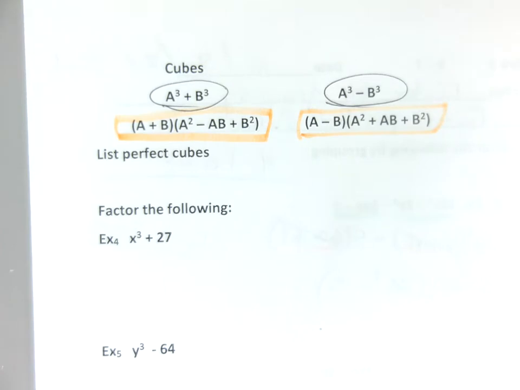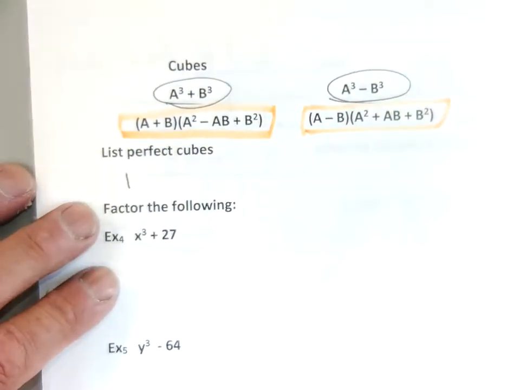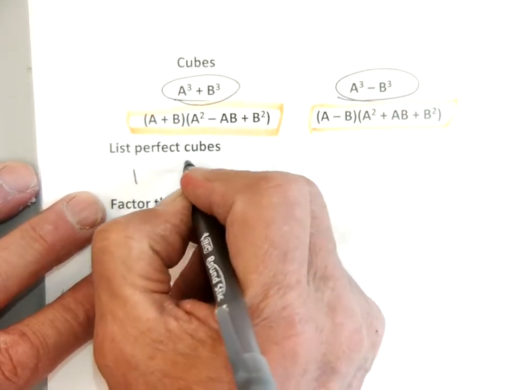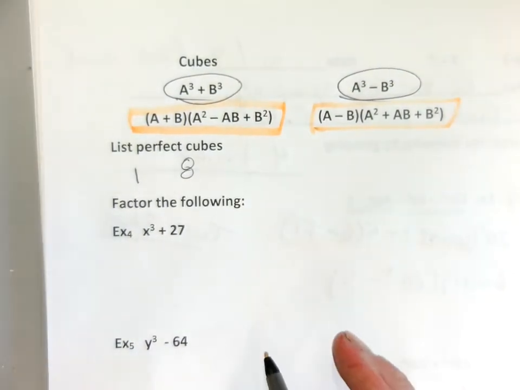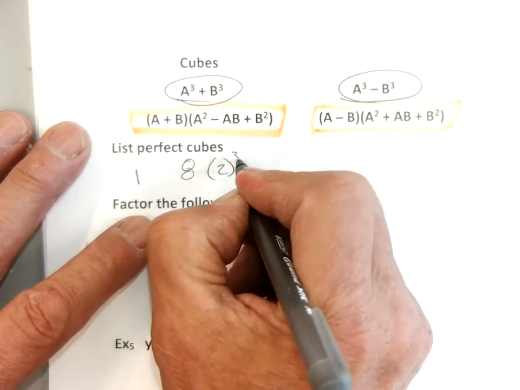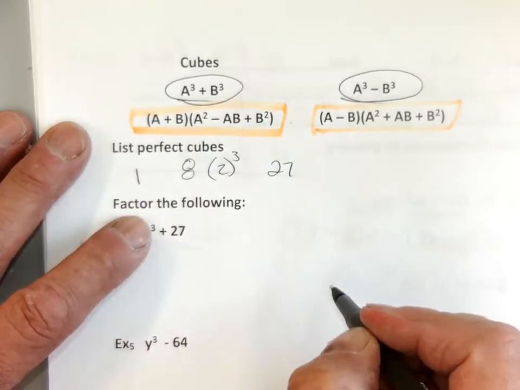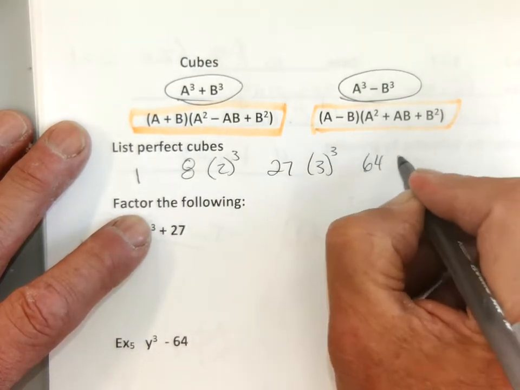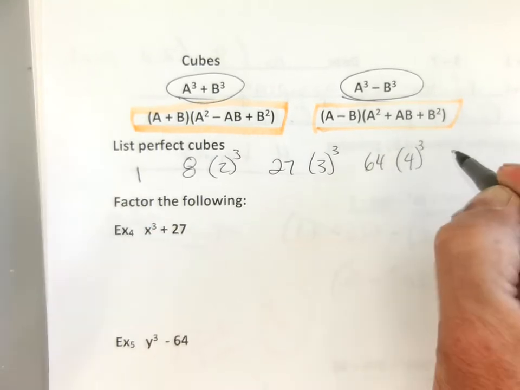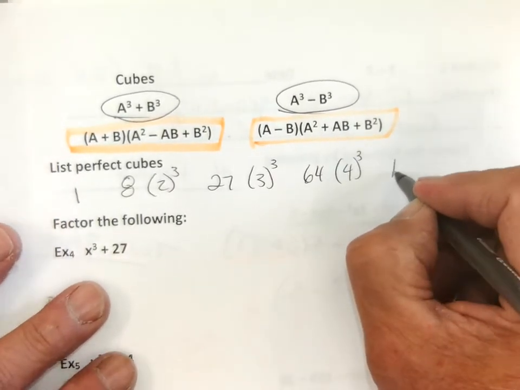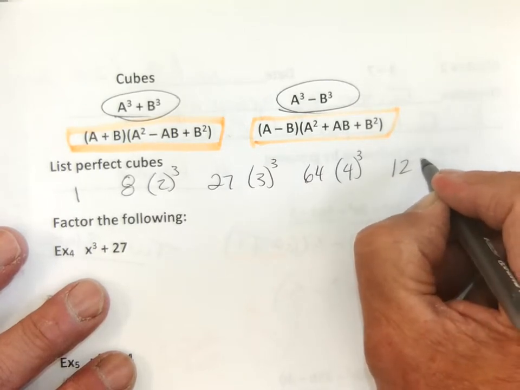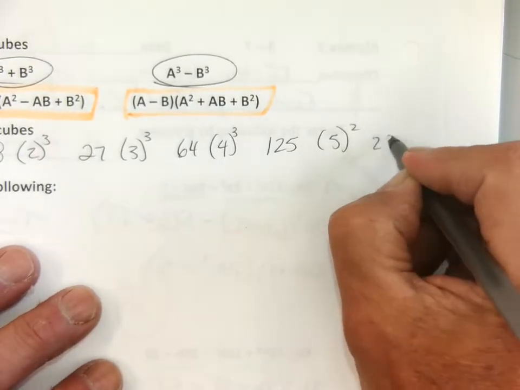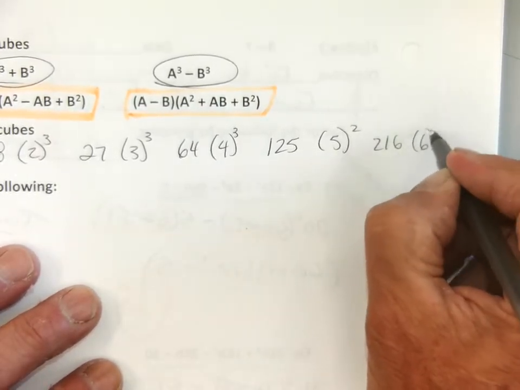So let's list our perfect cubes. 1 is a perfect cube because it is the same thing as 1 times 1 times 1. 8 is a perfect cube because it's 2 cubed. 27 is a perfect cube because it's 3 cubed. 64 is a perfect cube because it's 4 times 4 times 4. 125 is a perfect cube because it's 5 times 5 times 5, and we really only need 1. 216 is a perfect cube because it's 6 times 6 times 6.